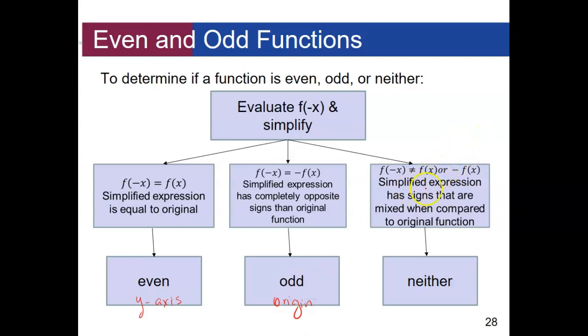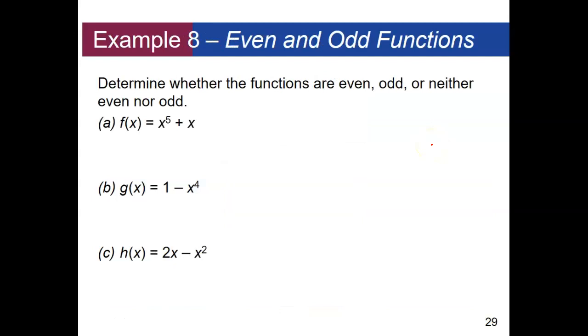And then if you simplify it and the signs are mixed, meaning some match with the original and some are opposite the original, then that's going to be a neither case. So if you don't get either the original or the negative of the original, then it's going to be neither.